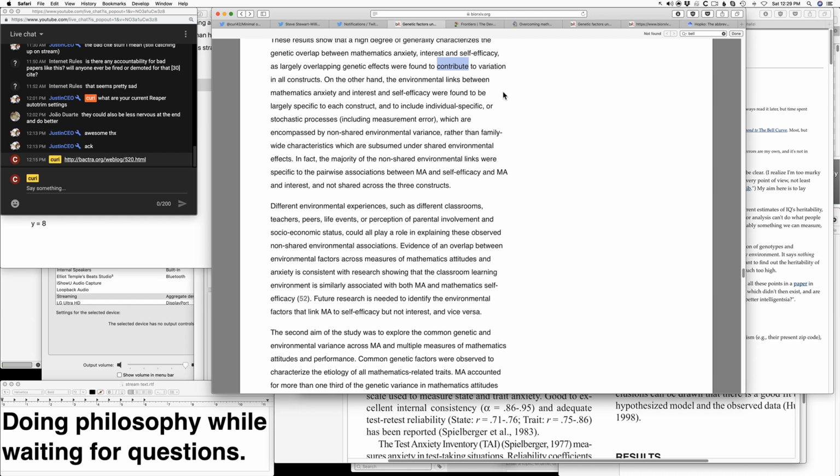And there are obvious causations that could be causing this correlation other than the one they're claiming. They're claiming basically that the anxiety is causing math problems, like being bad at math or whatever, but it could so easily be the other way around, that being bad at math is causing the math anxiety.